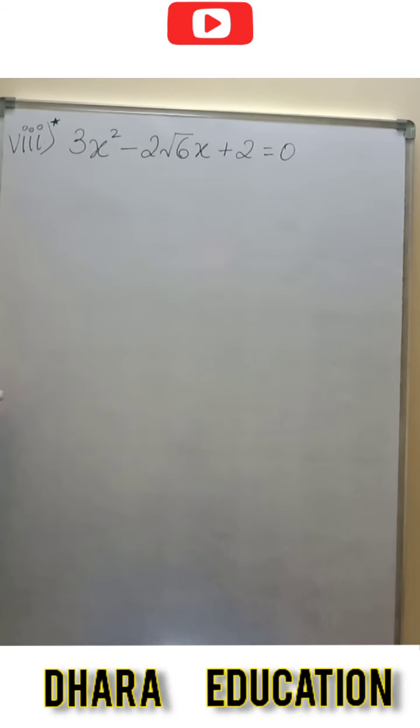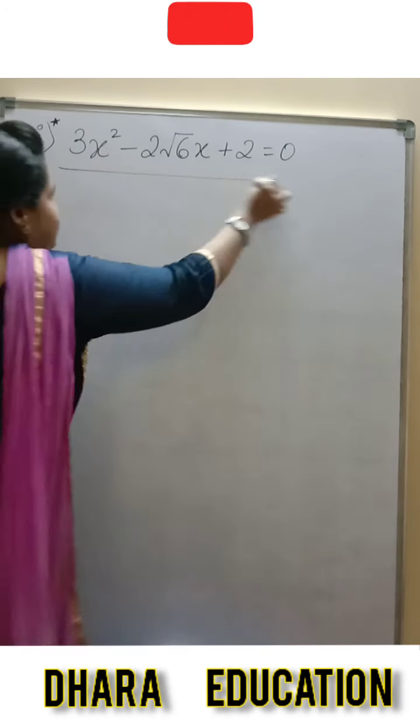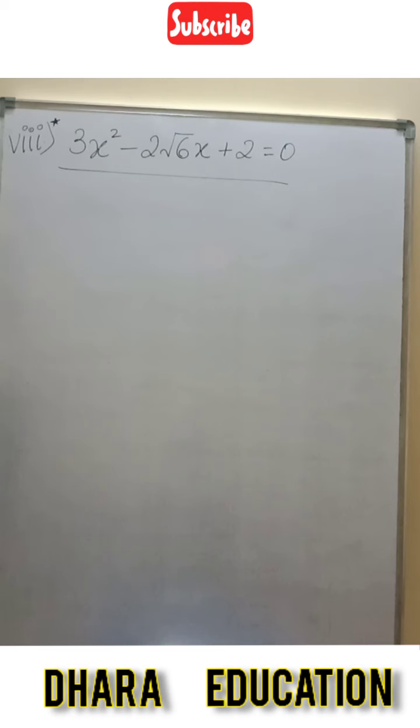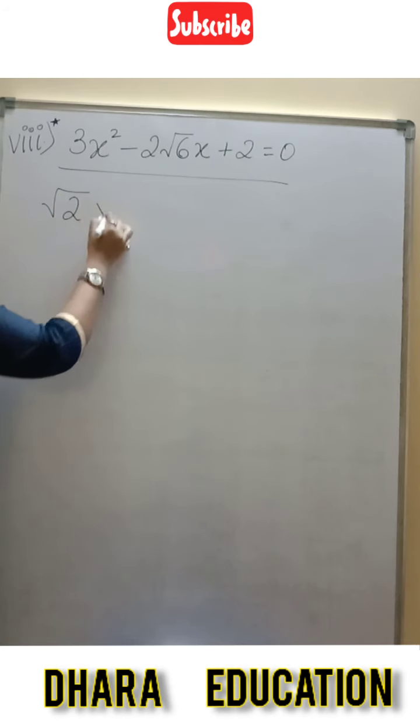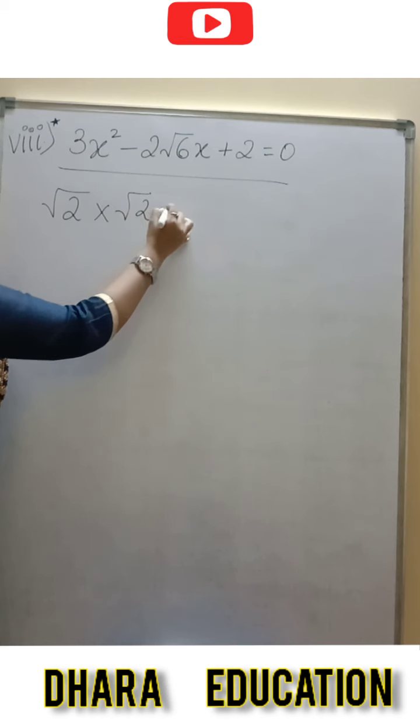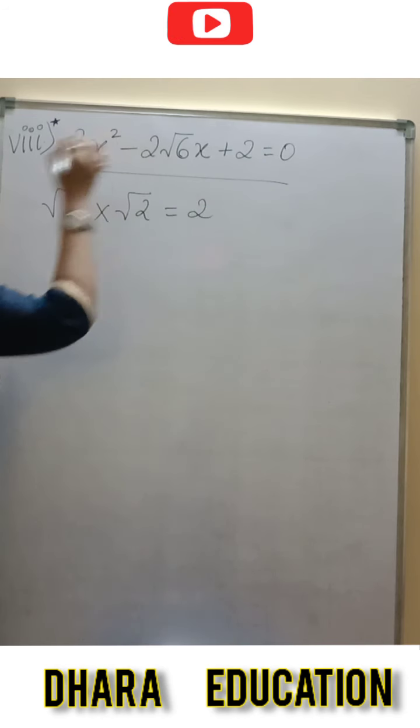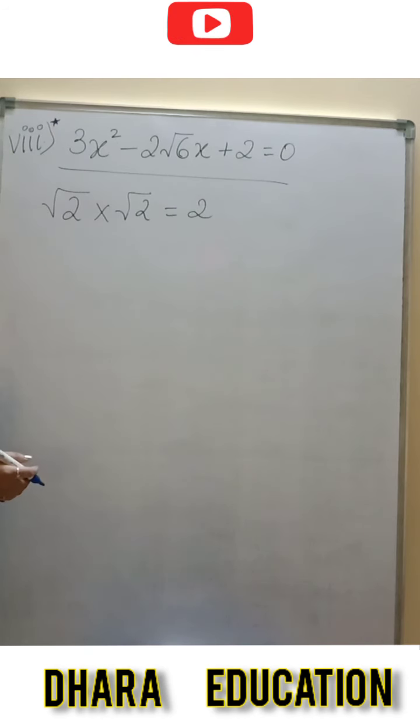So now, before starting with the sum, I am going to show you a few tips which you have to make clear in your mind. Okay, the very first thing is this: in the 7th sum, I have told you all that root 2 multiplied by root 2 is equals to 2. Correct?